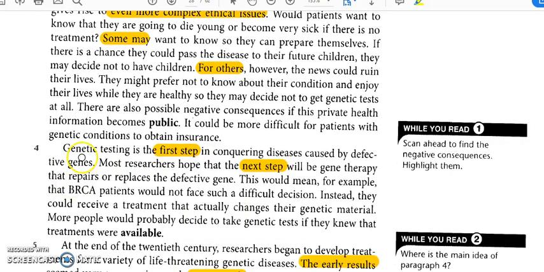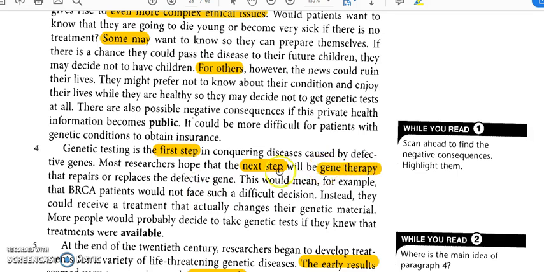Paragraph 4. Genetic testing is the first step. Well, we've talked about genetic testing. So we read on and we come across the next step. Most researchers hope that the next step will be gene therapy that repairs or replaces the defective gene.